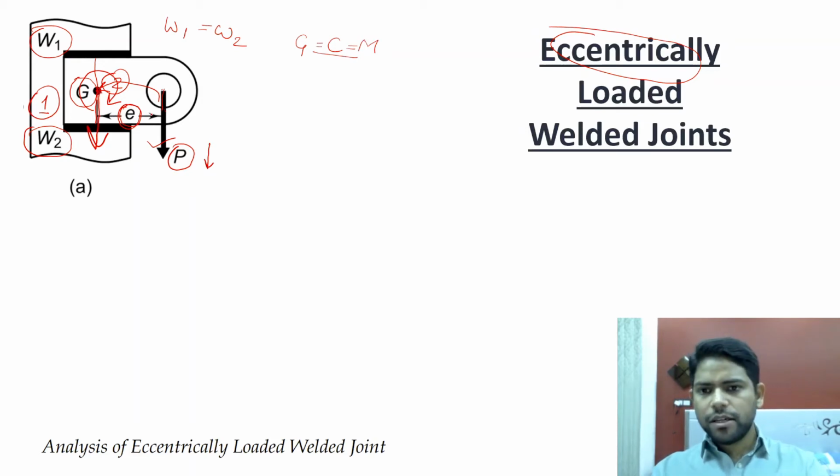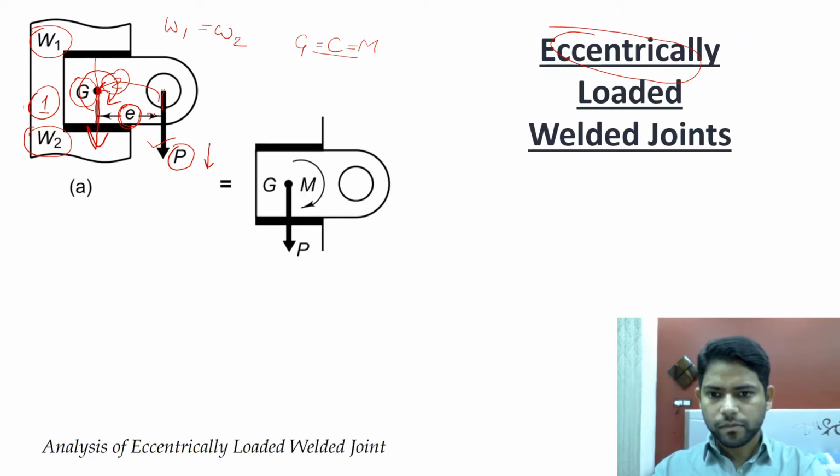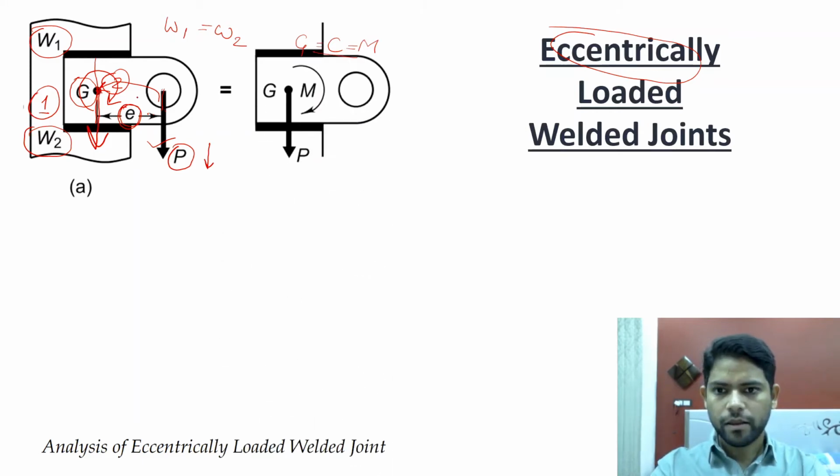Again, you can see graphically that when we bring this load to the center of gravity or the centroidal point, there will be a moment of magnitude M induced in the clockwise direction, since the load is acting downwards and it is towards the right of the point where we are shifting the load.